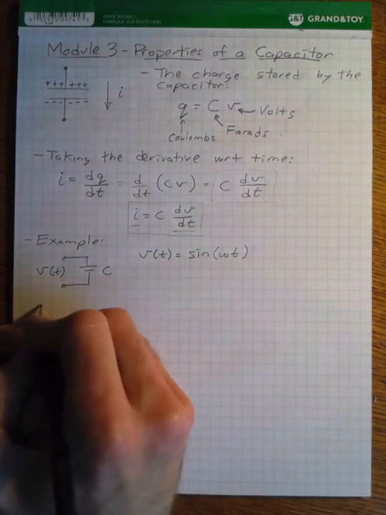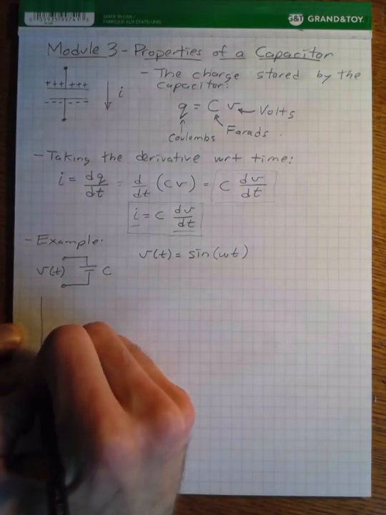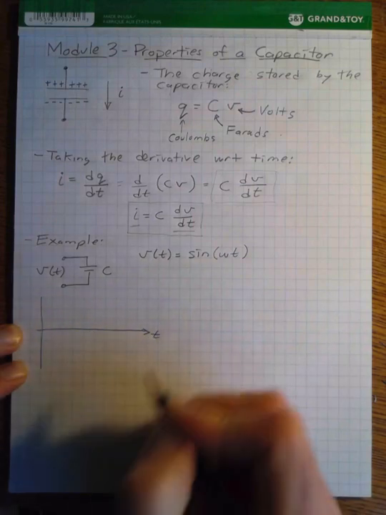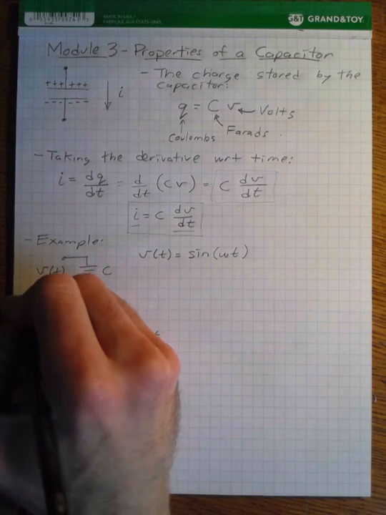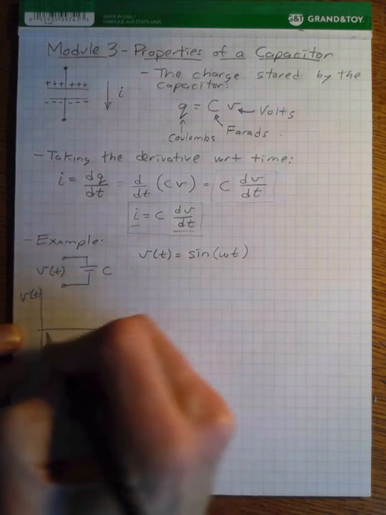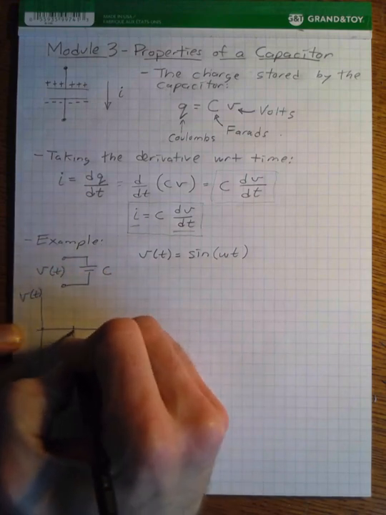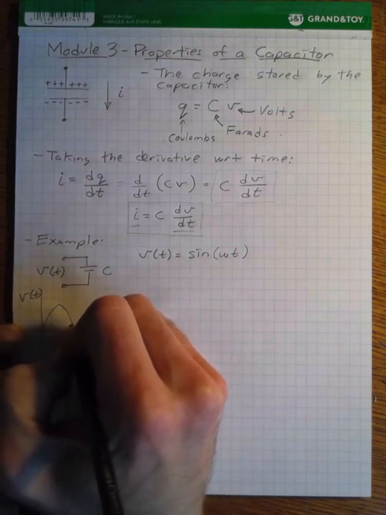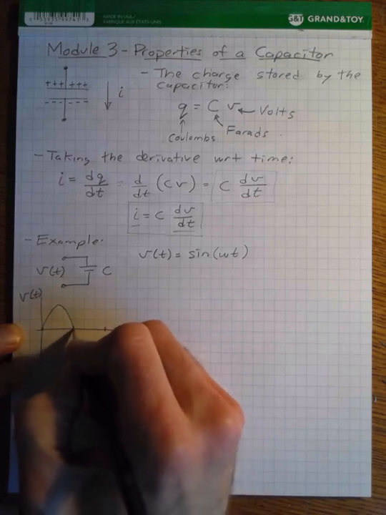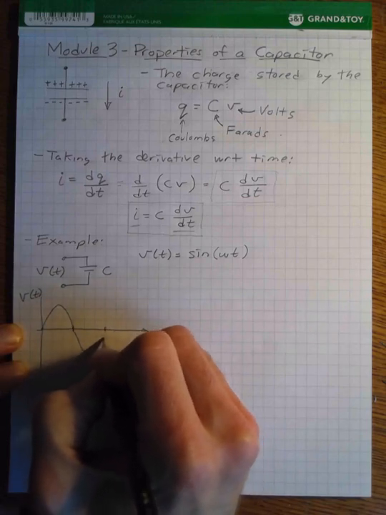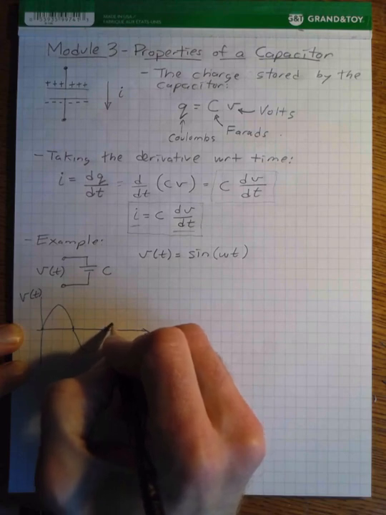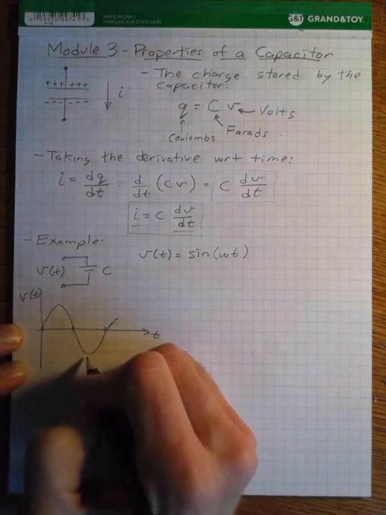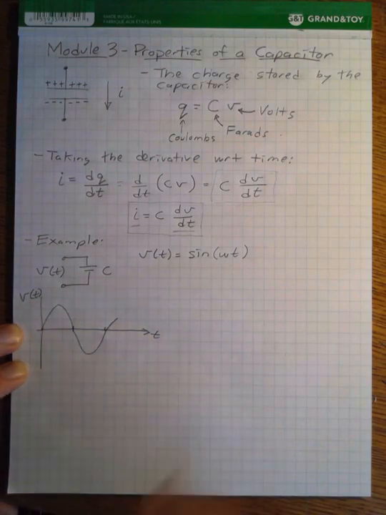If I were to draw that sinusoid, it would of course be 0 at 0 time. That's a little crooked, but anyway, you get the idea. So we have this familiar sinusoidal shape to our voltage.